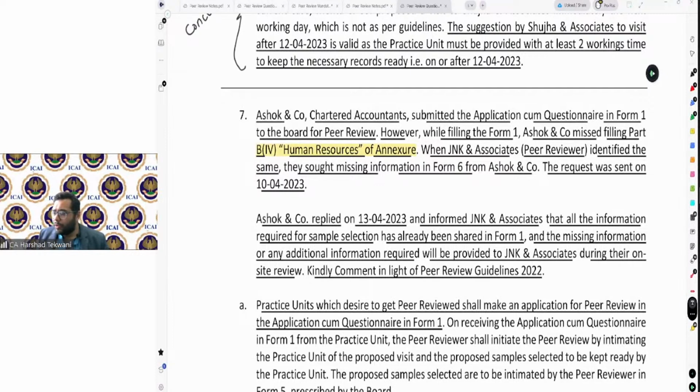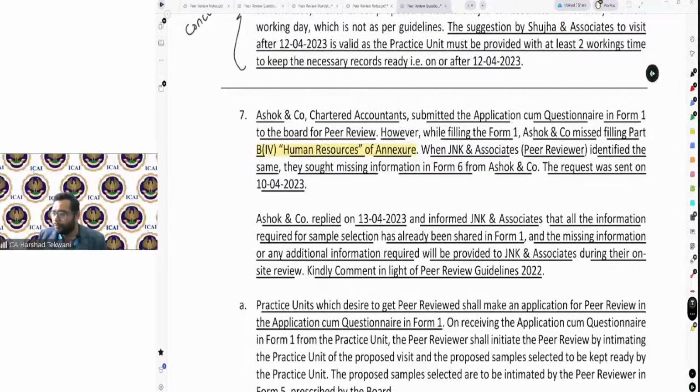Okay, so there is one good question on this. The question is, is there any penalty with respect to the peer reviewer or practice unit if they do not adhere to this particular request?